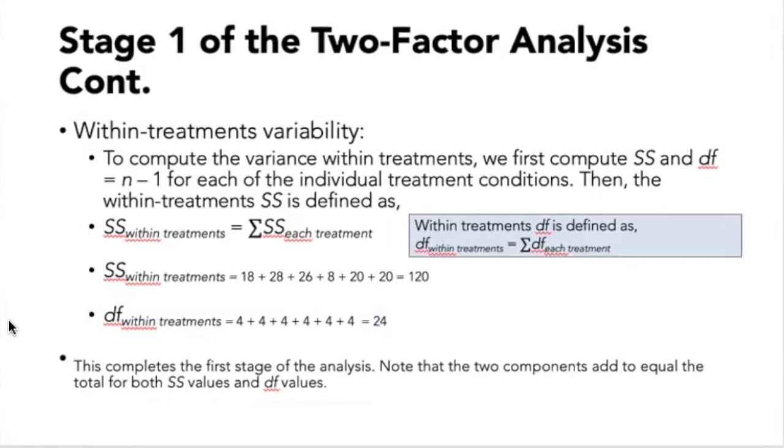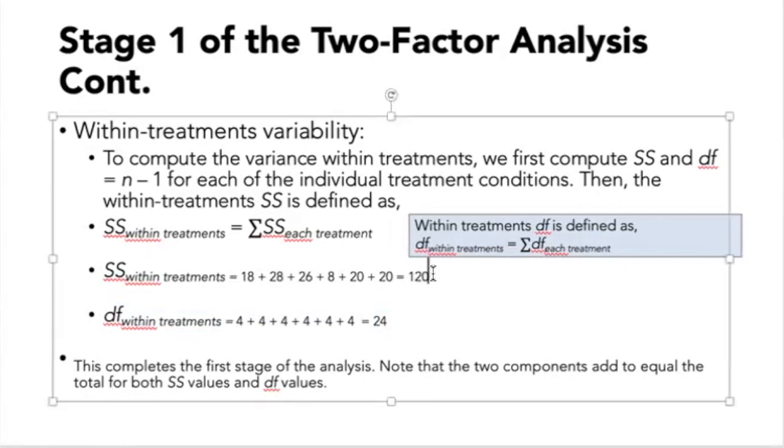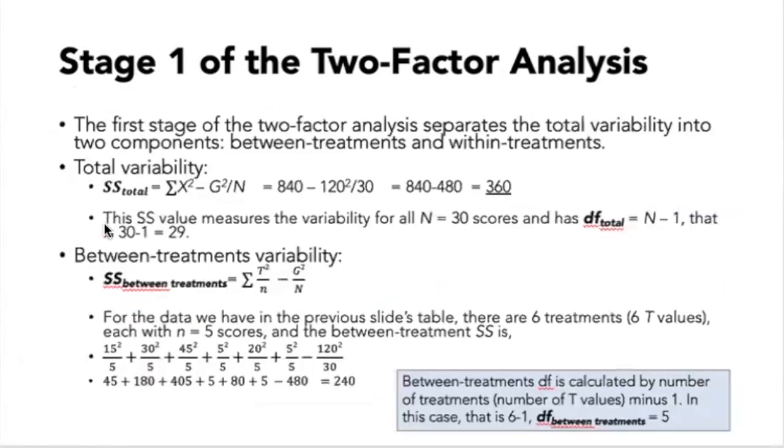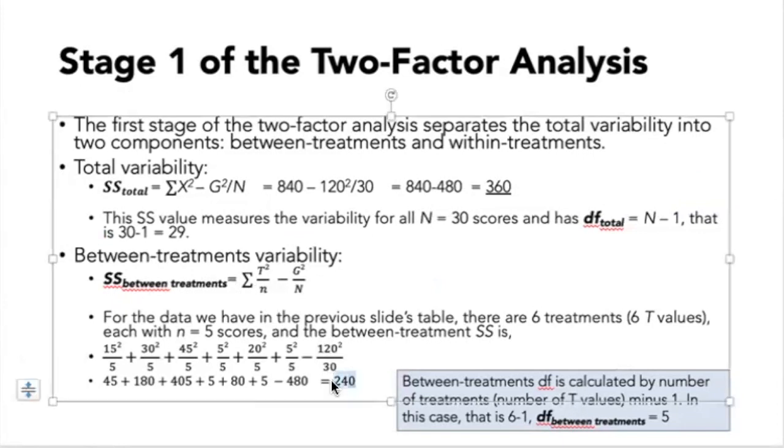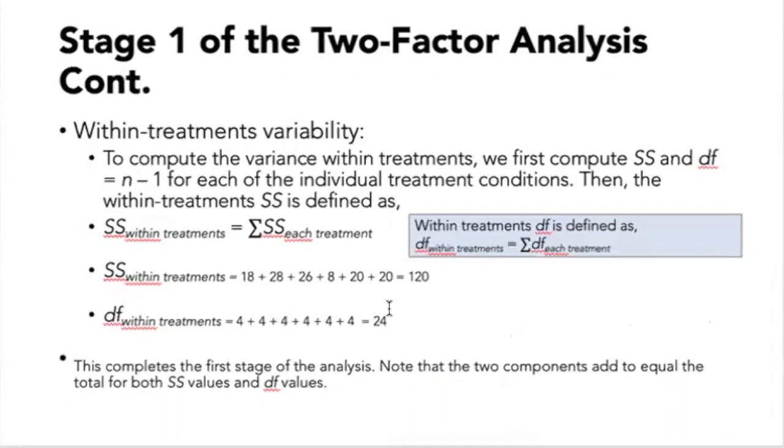Now here, the two components always add to the total variability. For example, within treatment variability is 120, and between treatment variability 240 adds up to 360. The same goes for degrees of freedom as well.